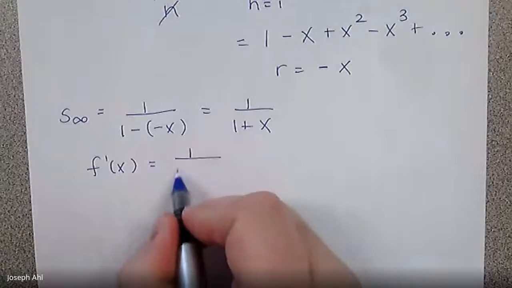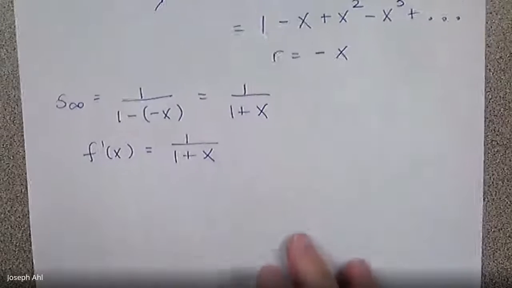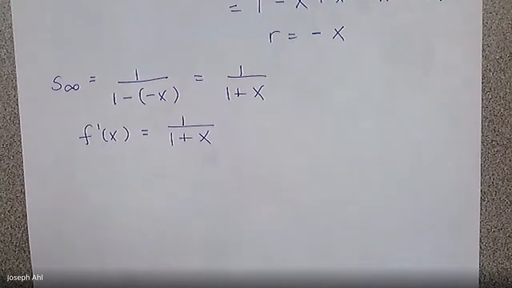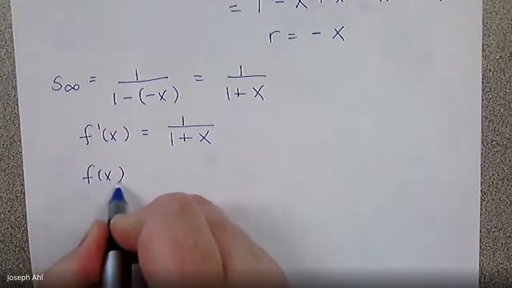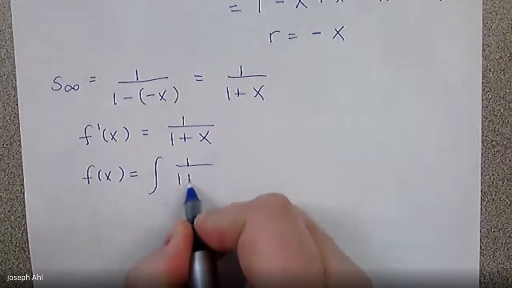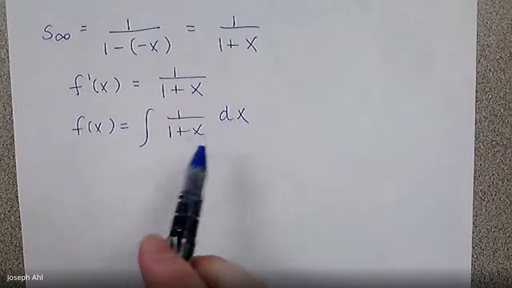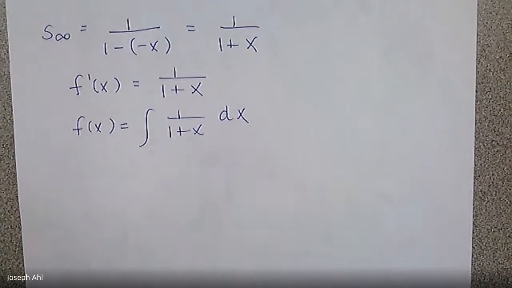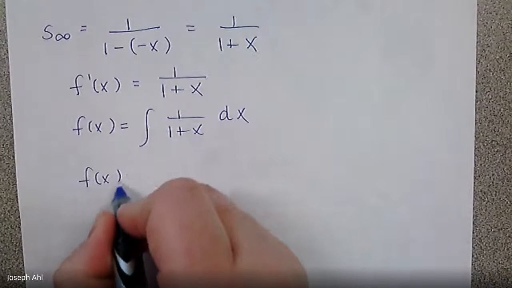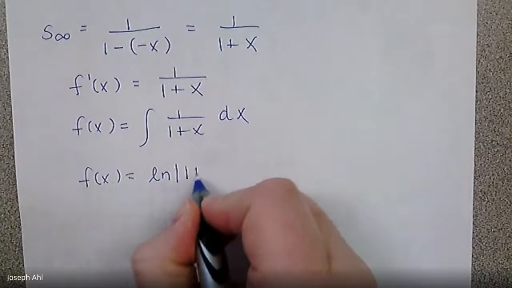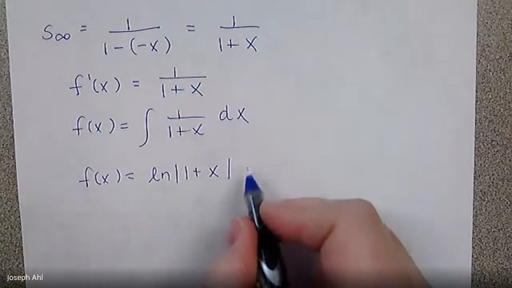So f prime is equal to 1 over 1 plus x. And therefore, f of x would be the antiderivative of 1 over 1 plus x dx, which is not tan inverse this time, but something we could find just as easily. This is just natural log. So it's going to be that f of x is equal to the natural log of 1 plus x plus c.